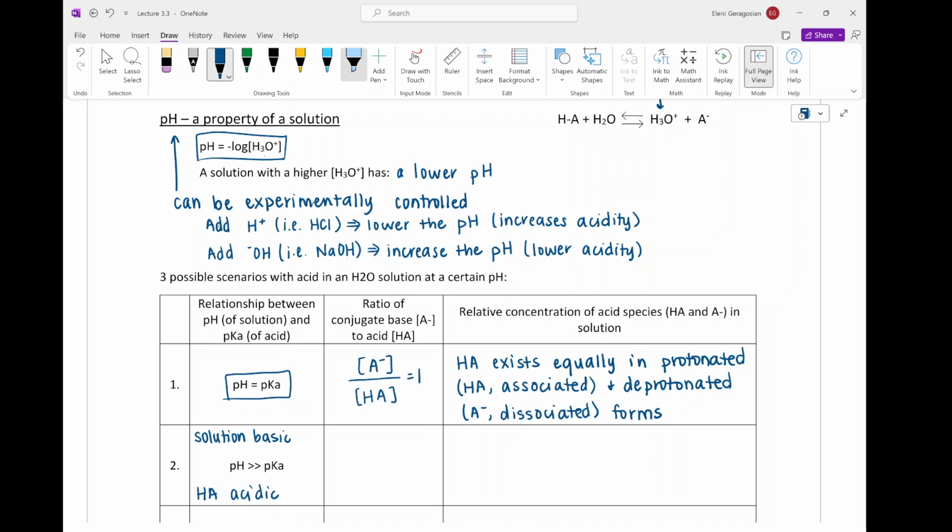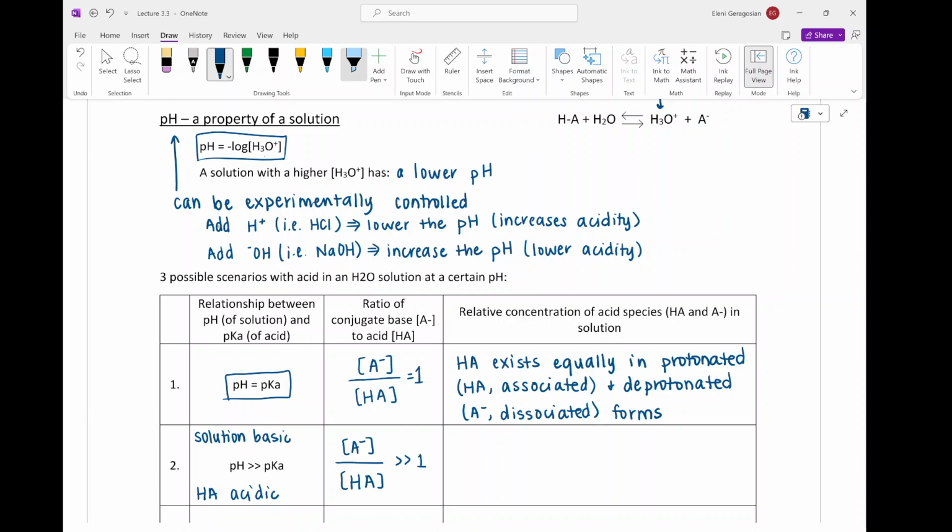So with the solution being relatively more basic than the acid that is added, the acid will donate its proton. And so the ratio of the conjugate base to the acid that is added will be greater than 1. We will have more conjugate base present because the acid that is added is more acidic than the solution.